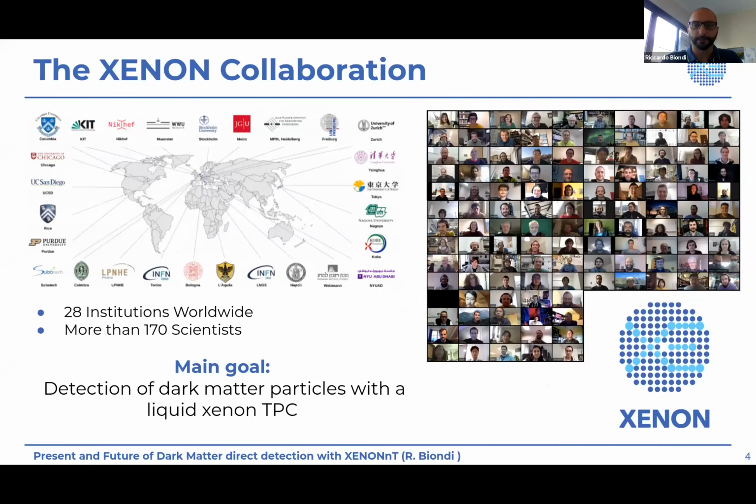Among these experimental groups, there is the Xenon collaboration that is composed of 28 institutions worldwide with more than 170 scientists.